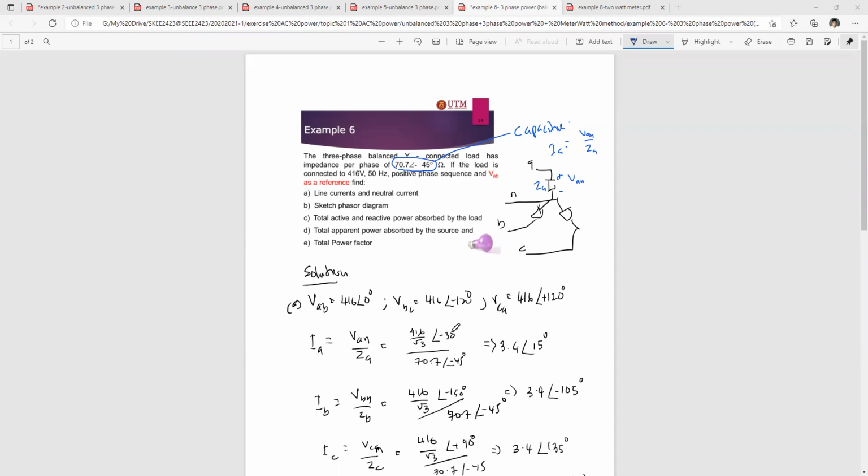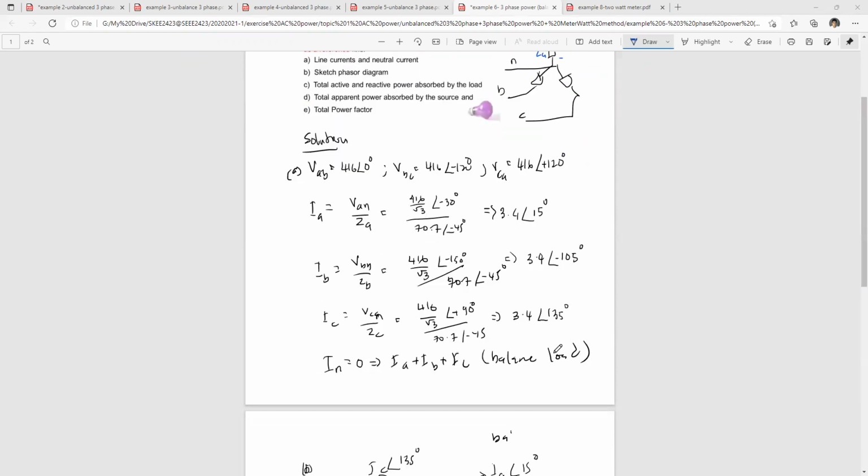Divided by your impedance, you will obtain your IA as this one, and IB also. For the phase voltage, you need to subtract 30 degrees, so that's why we have negative 150 degrees over your Z. So you will obtain these values.